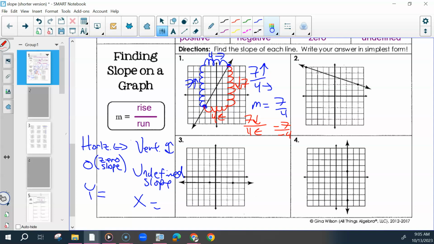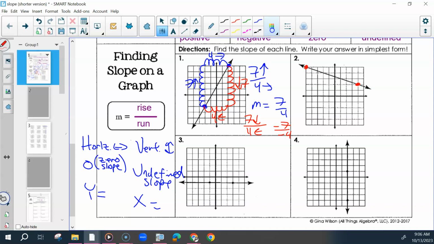Let's try number 2. Give me 2 ordered pairs. Four, 2. Okay, one more. Five, -5. 5, -5 would work. Okay, so let's count that slope.